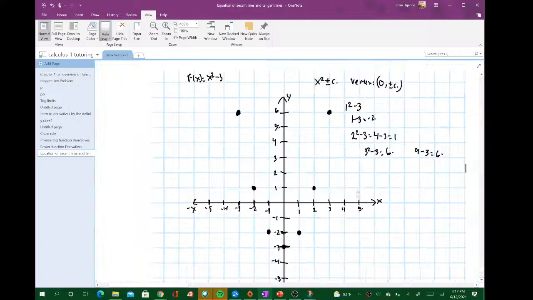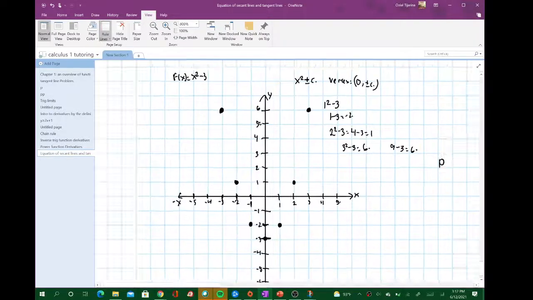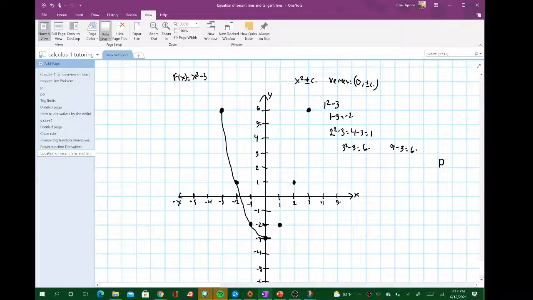So then you're going to draw a smooth curve, which represents the parabola, or the equation of x squared minus 3. And it doesn't have to be perfect. You can just draw a rough sketch of it, like this.